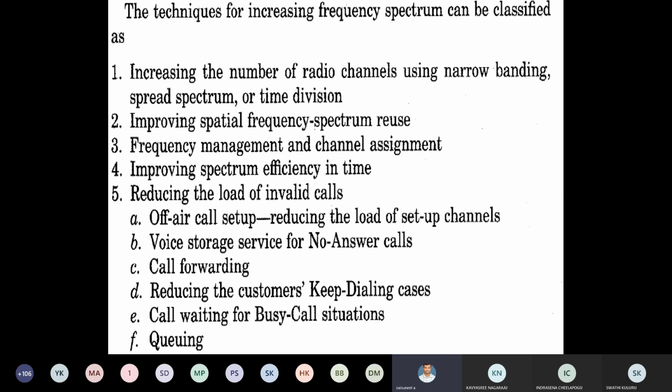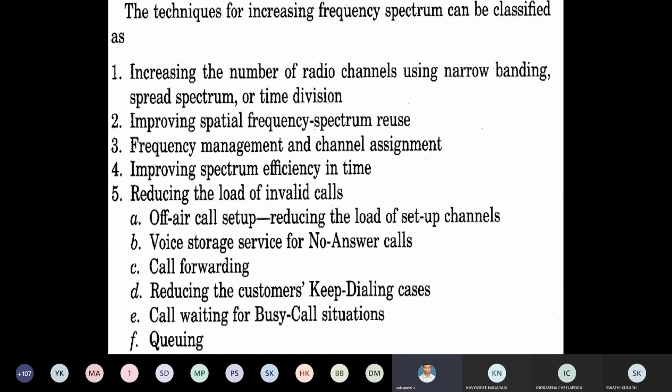Instead of trying call after call, better to go for an audio or voice message, so whatever message you have can be conveyed. You can send that message.